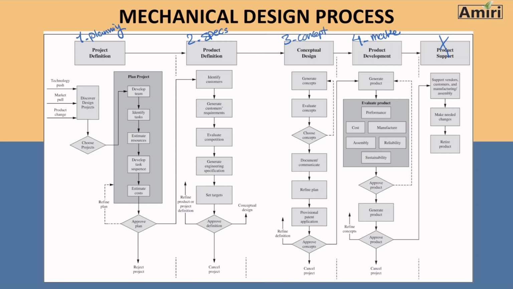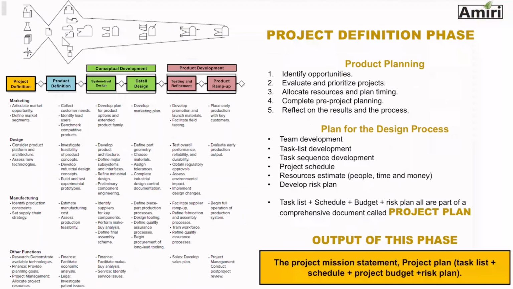So let's have an overview of each of them one by one, starting with phase 1. Again, remember what the keyword was? Planning. That includes product planning and project planning. The difference between the two is that product planning is more of a big picture. For example, Apple plans in what year what product they will develop or release to the market.